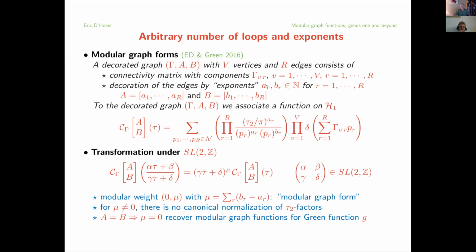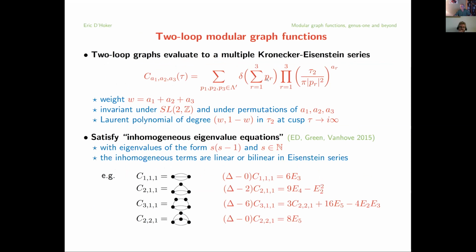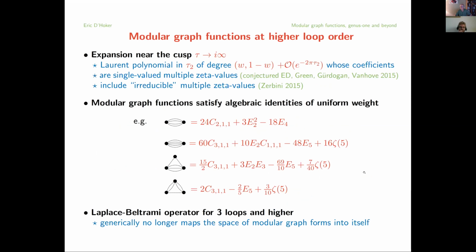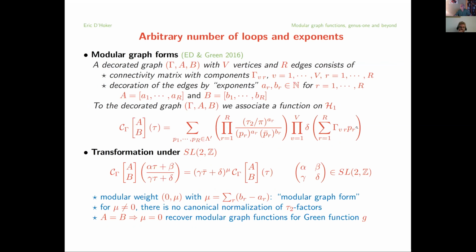Well, what happens when you apply the Laplace operator is that in the case of two loops, the power of the holomorphic momentum and the anti-holomorphic momentum was always the same for every line. When you apply the Laplace operator, you get modular graph functions that cease to have this property.